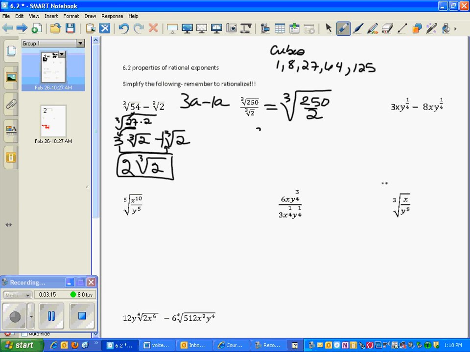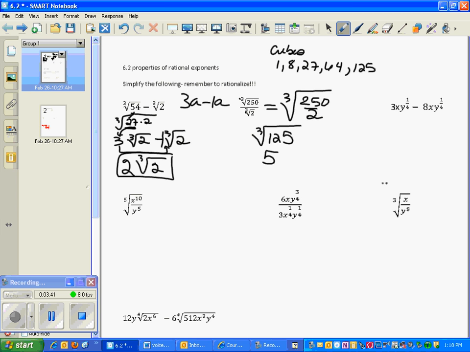Okay. So that's the cubic root of, and what is the cubic root of 125? 5. So multiplying and dividing has different rules than adding and subtracting. Adding and subtracting, what's underneath those roots has to be identical. But multiplying and dividing, as long as the roots are the same, we can perform the operation.